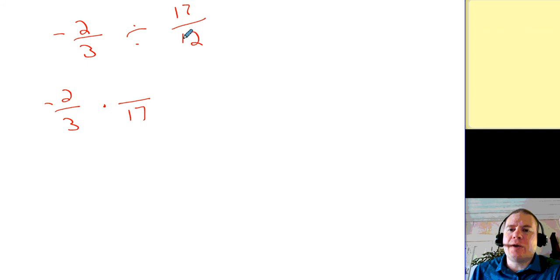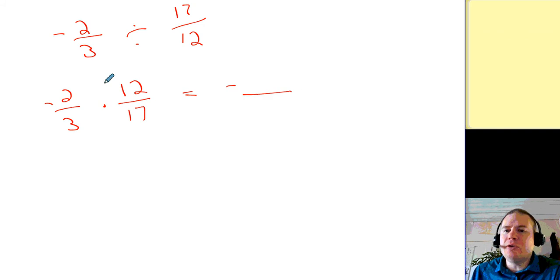Dividing by a 12th, dividing cancels. That means multiplying by 12. Right? Whatever's coming after this division symbol, when we show that as times the reciprocal, we get the reciprocal of what's coming after that. Right? So how many negatives do I have here? Just one. My answer is going to be negative.